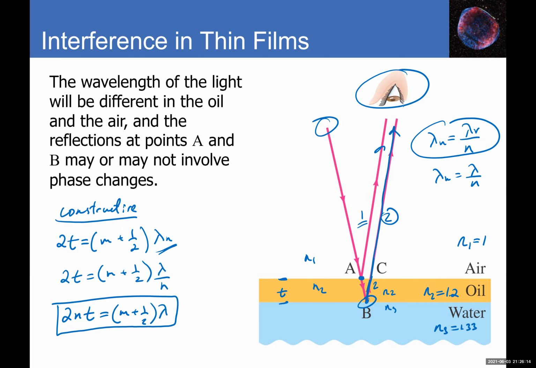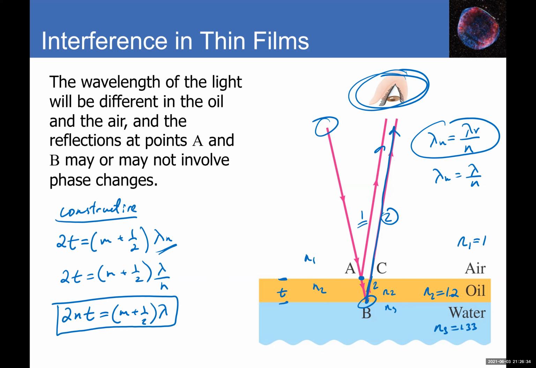When you see those two lights as an observer, both of them have the same crests and the same troughs, because both have a phase change upon reflection.